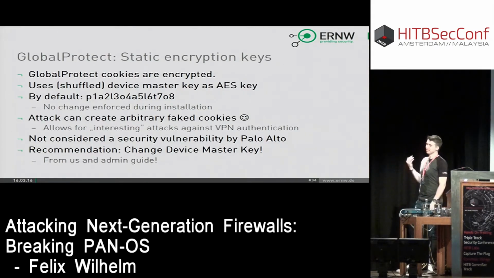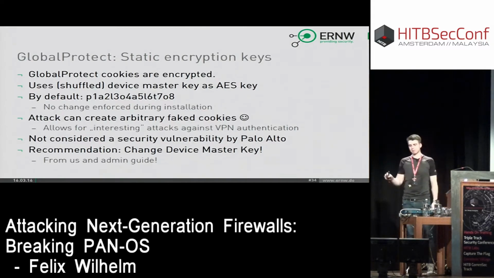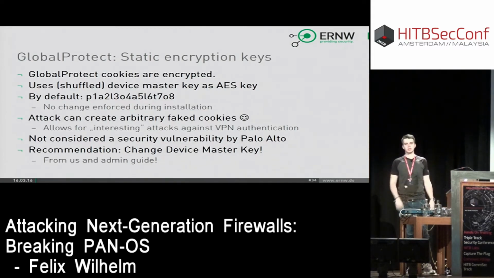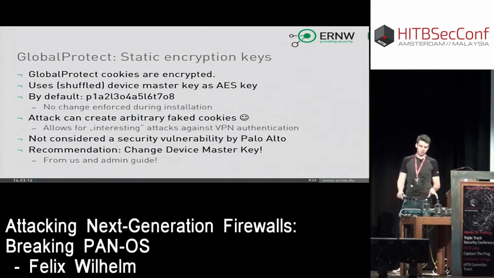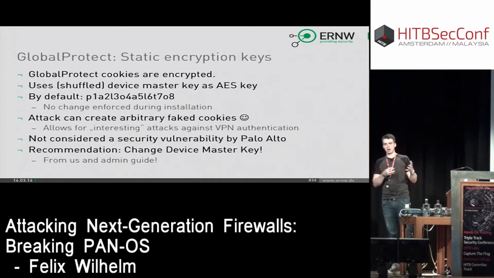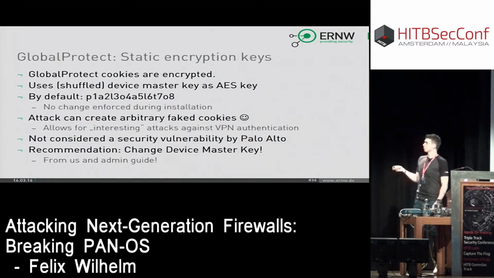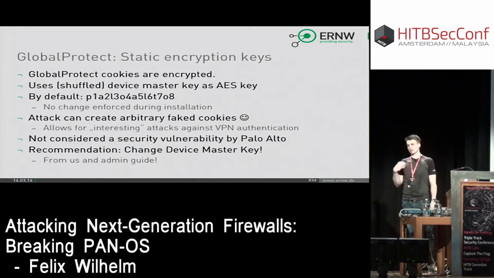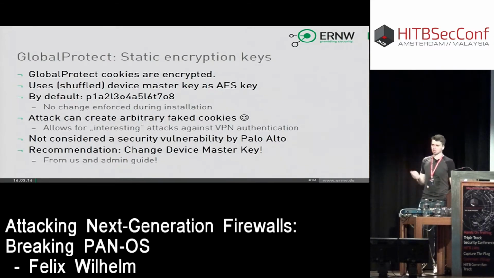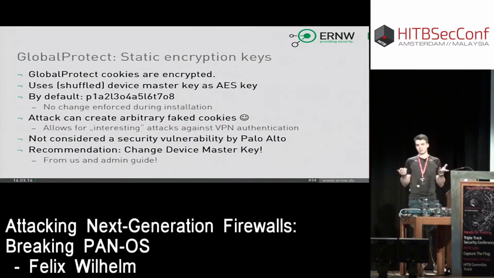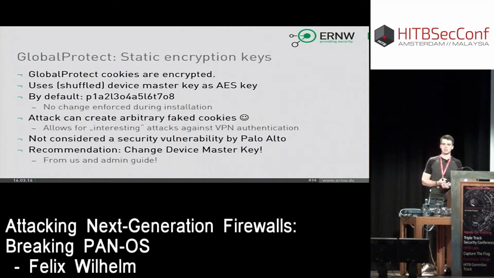We actually didn't implement a full proof of concept for bypassing VPN authentication, because for that you would need multiple devices, so they are in this failover mode or in this load balancing mode. So I can't demonstrate VPN authentication bypass, but in my opinion this is the case. And interestingly, it's not a security vulnerability, so Palo Alto doesn't seem to think it's a critical security vulnerability.